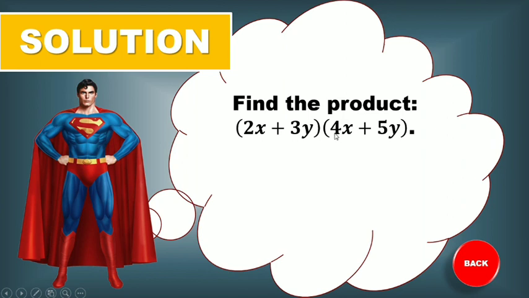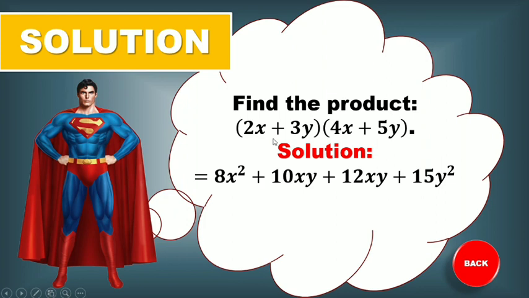So here it goes. We multiply 2x by 4x, the first term multiplied by the first term, so that's 8x squared, and then 2x times 5y, that's 10xy, and then the inner terms, 3y times 4x, that's 12xy, and then the last terms, 3y times 5y, that's 15y squared. Since 10xy and 12xy are similar terms, we can combine them.